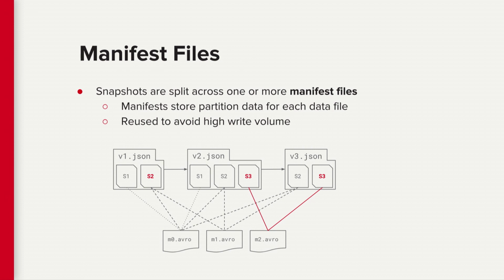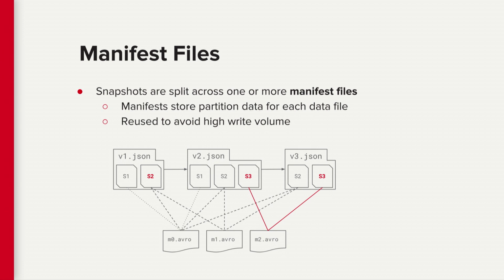Now, how does all this work? We don't actually want to keep track of entire snapshots or rewrite all of the data files in a table because this is a list of perhaps 2.7 million files. So what we use are manifest files. And a snapshot of a table is simply a set of manifest files.